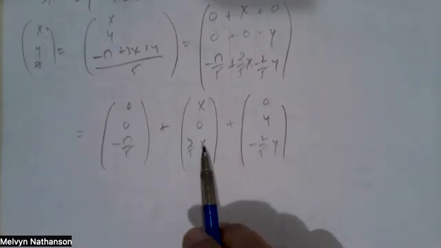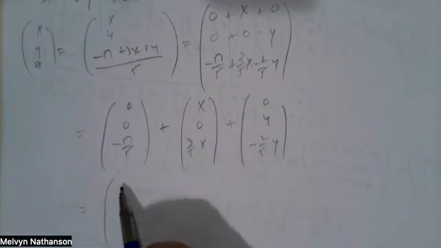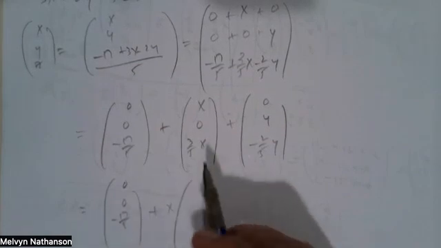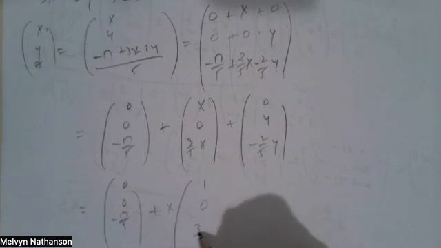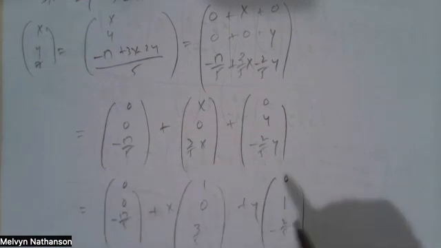And I can factor an x from here and a y from here. So every solution is of the form 0, 0, minus 17 over 5, plus x times the vector 1, 0, 3/5, plus y times the vector 0, 1, minus 2/5.